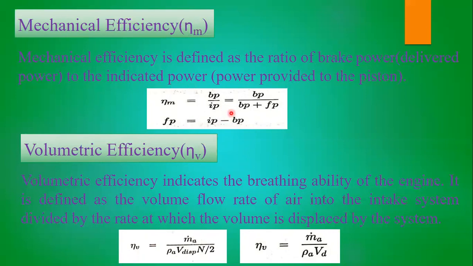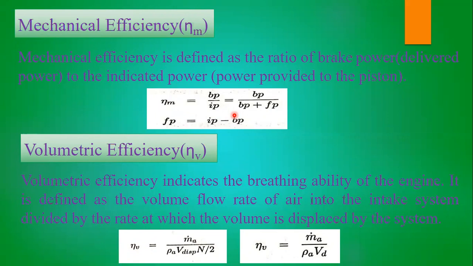For now, just know what brake power, frictional power, and indicated power are. What is indicated power? The power available within the combustion chamber, that means the power which is helpful to push the piston. And brake power is the power delivered to the engine, that means a gearbox or the crankshaft.